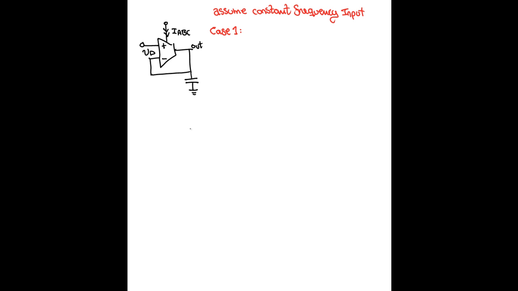So I'm just going to write it. When IABC is very small, that means that GM is very small. And since I out is proportional to GM, then I know this is small too.